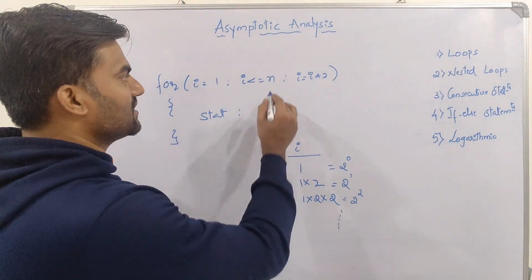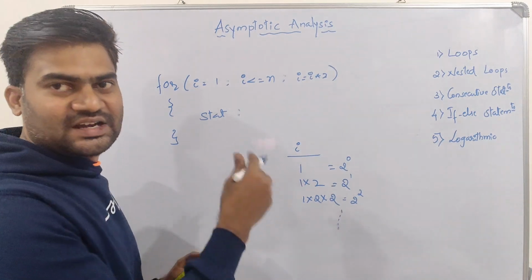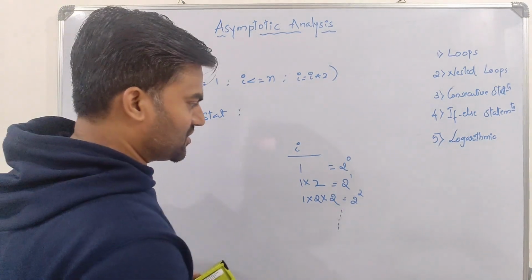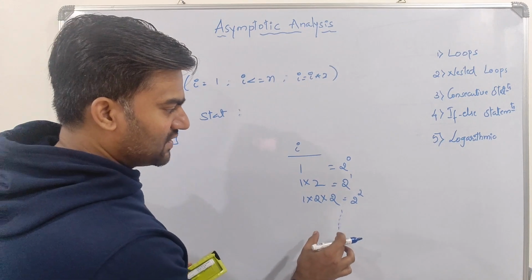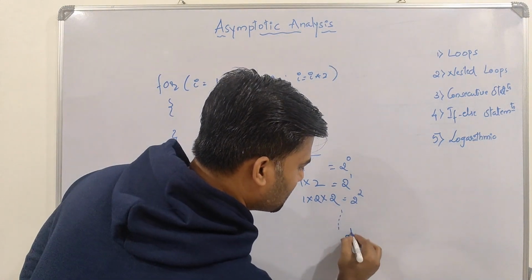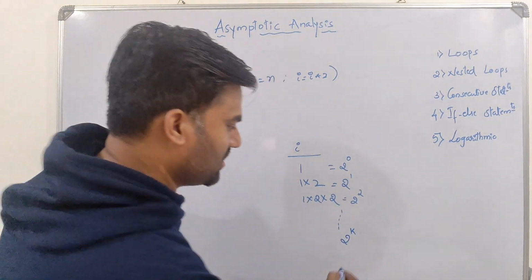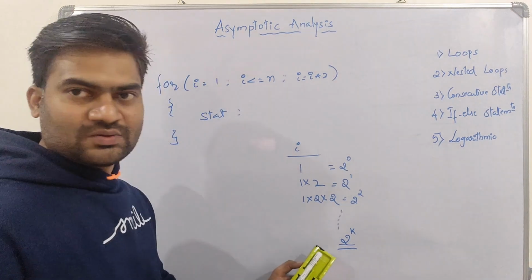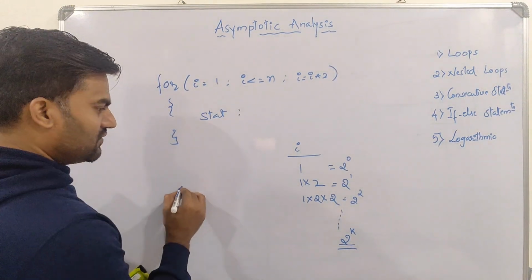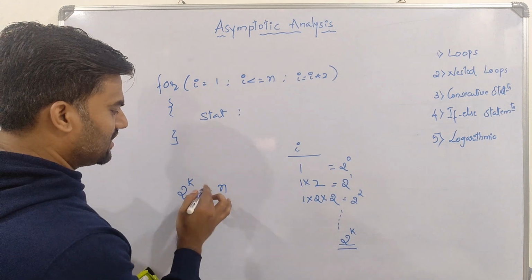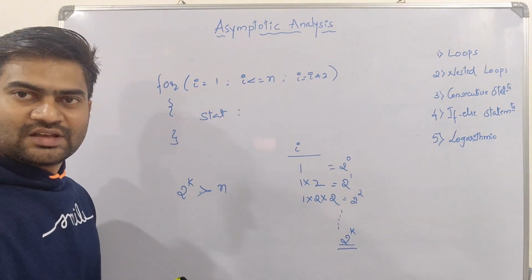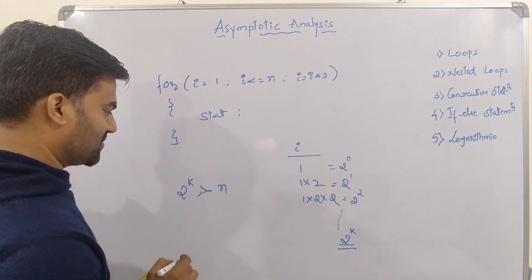Once the i value becomes greater than n, it stops. We don't know how many iterations it will execute. Let us assume it executed k times, so it is 2 raised to k. When will it stop? When 2 raised to k becomes greater than n, this particular loop stops.